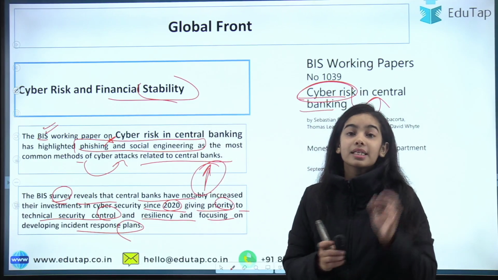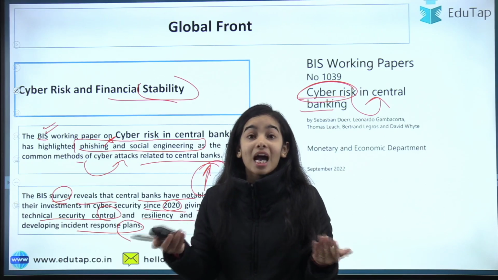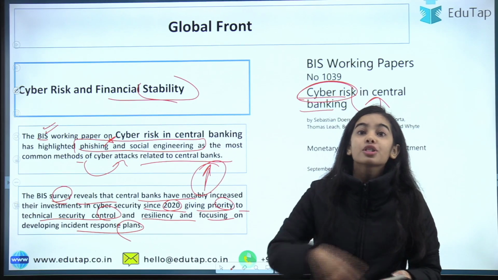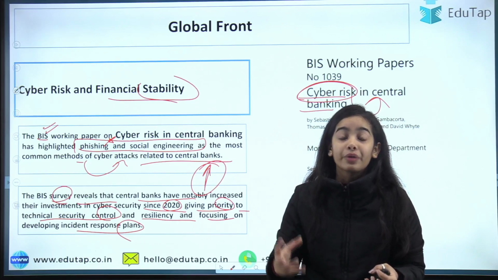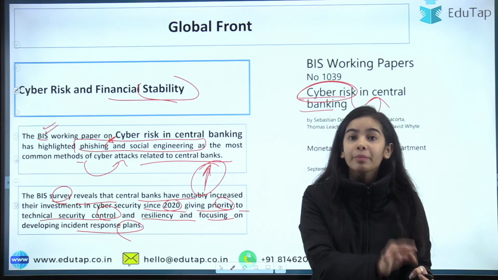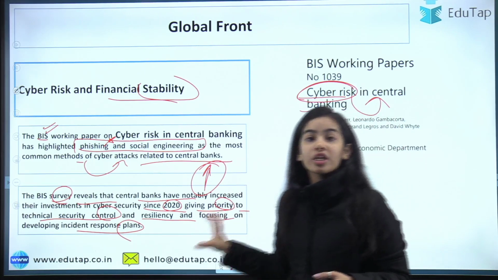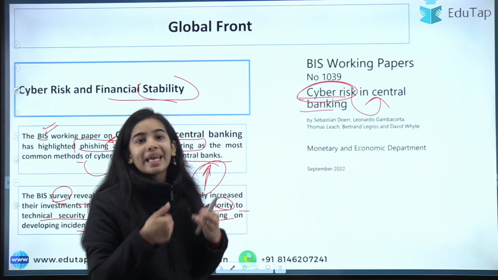So you can understand that the central banks themselves have to be secure, because they have the most data of the financial system of our country, of the people of our country. So if any cyber threat comes to them, the threat is on the people of the country. That's why they are doing more investment to have more technical security.